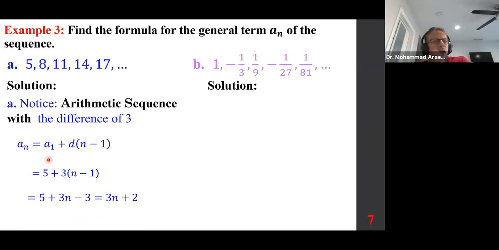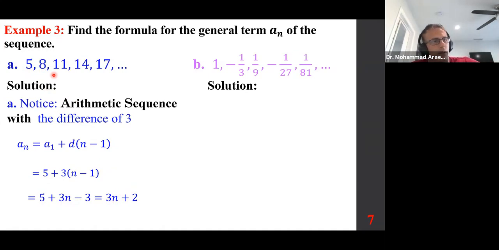If you write it as 2 plus 3n, it's the same thing, class. But 5 plus 3n minus 3, and 5 and negative 3 gives us 2. Now, it is extremely important that you check your work. How? If I replace the n with 1, it should give me 5. 3 times 2 is 6, and 2 is 8, and so on and so forth. You should check at least with 3 of them, if not more, to be on the safe side.